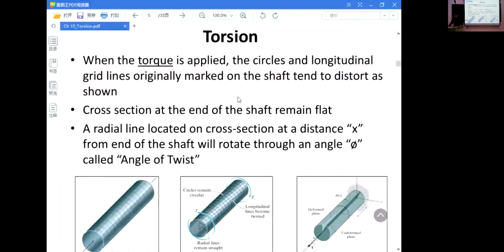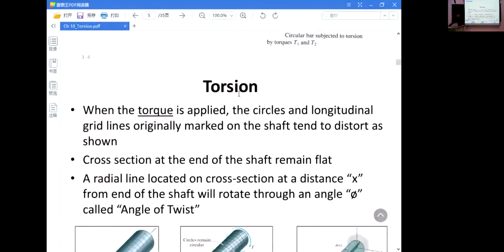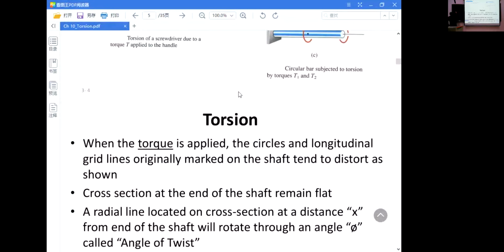At first we draw some circumferential lines.